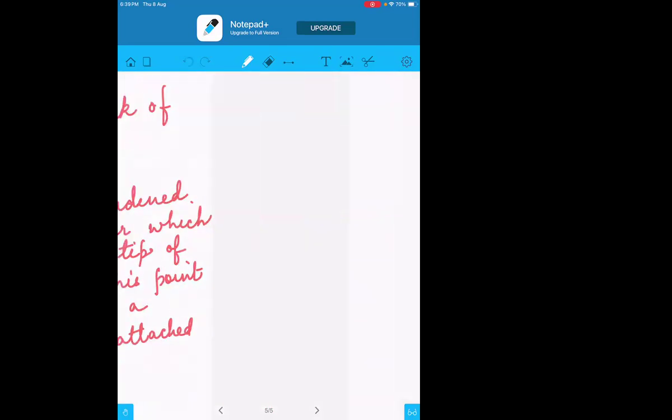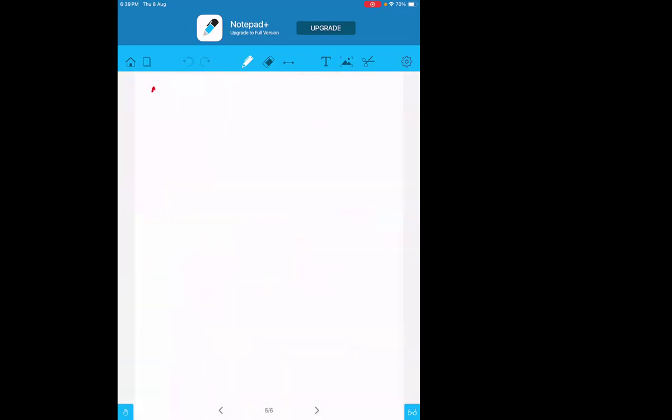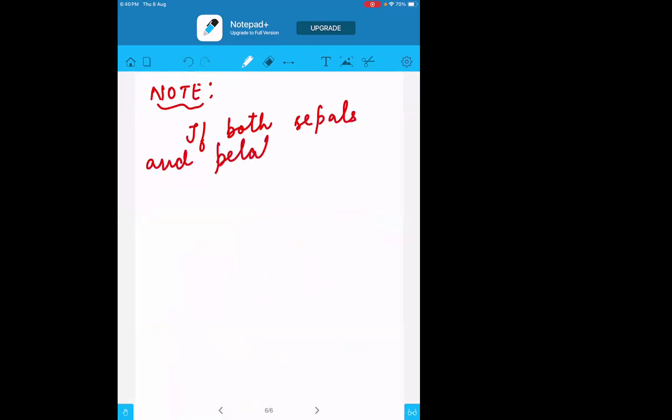Now sometimes, a kind of note, sepals and petals cannot be identified separately. In some flowers, like hibiscus and some others, both the sepals and the petals are colored.